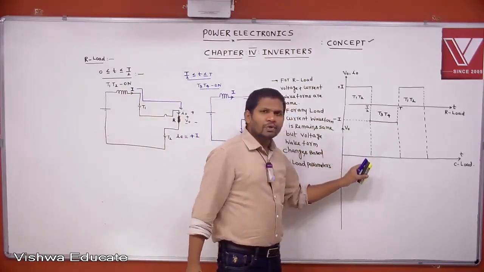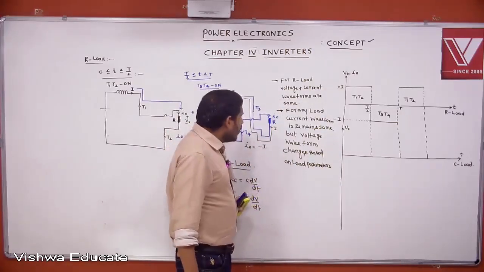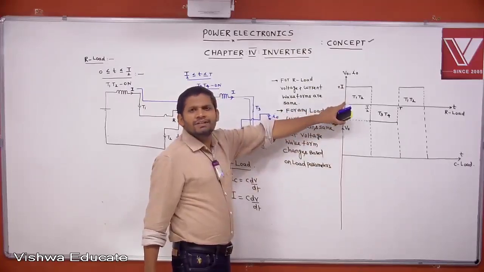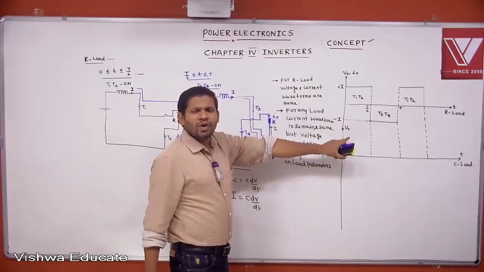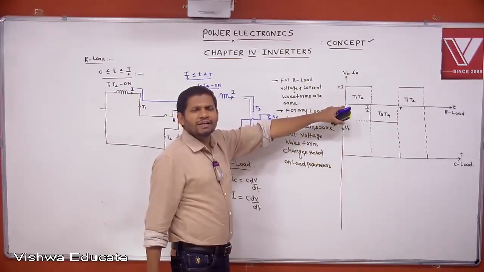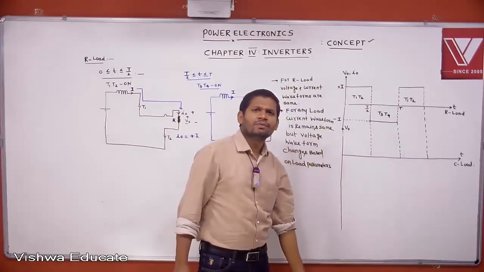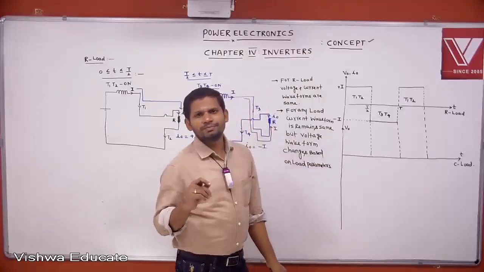From 0 to T by 2, we can draw the voltage waveform in such a way that this condition must be satisfied. If T1, T2 is conducting, current is positive. If T3, T4 is conducting, current is negative. By satisfying that only we can get the voltage waveform.